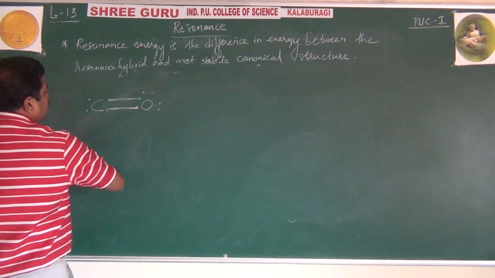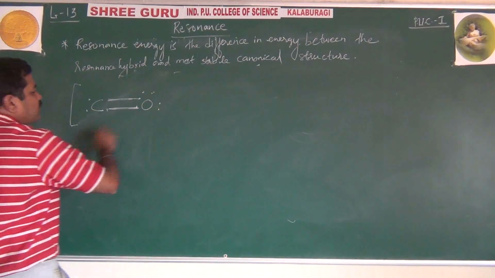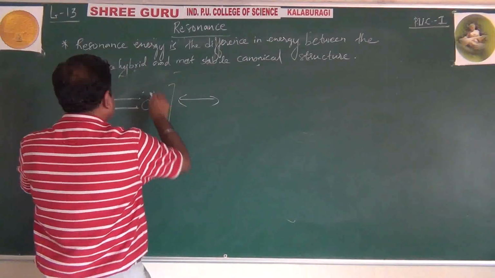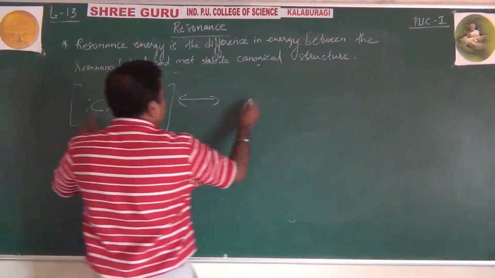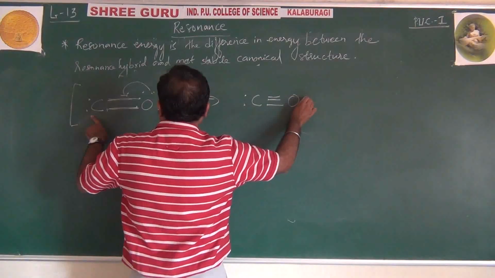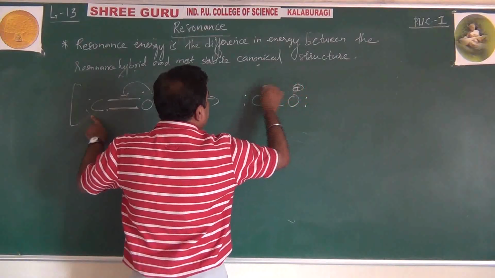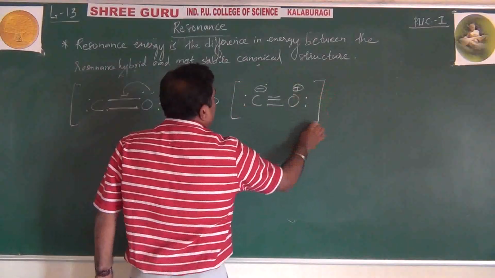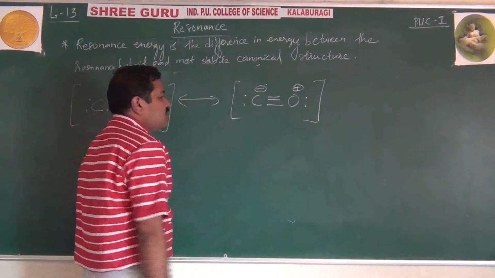But the most stable canonical form is where this shifts here, giving a carbon-oxygen triple bond. This is the most stable resonance hybrid for carbon monoxide.